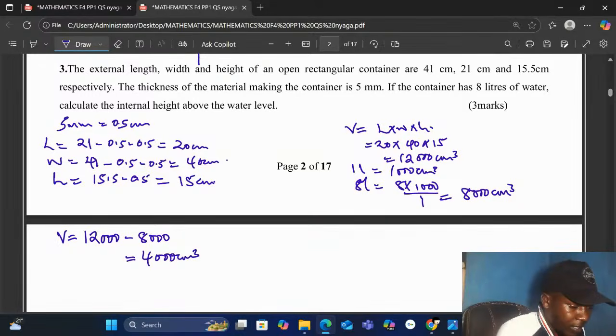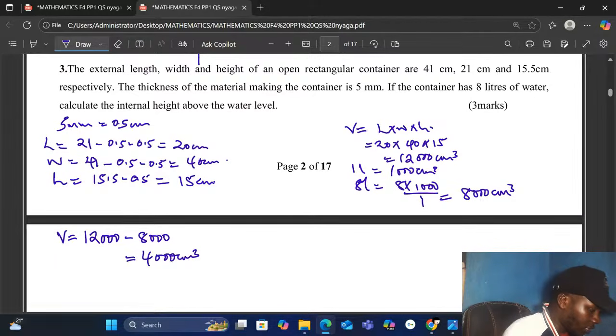We shall have 4,000 cubic centimeters, which is now the volume occupied by 8 liters of water. Now they want us to find the remaining part that is not filled with water. The volume is now 4,000 cubic centimeters.